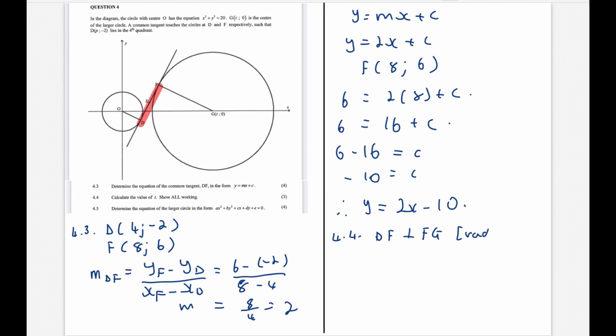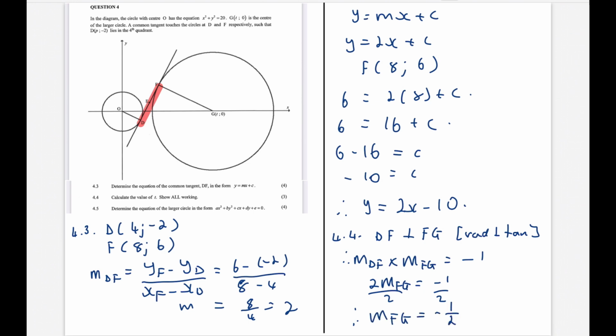Why? Radius is always perpendicular to the tangent. So therefore, the gradient of df multiplied by the gradient of fg would be equal to -1. So 2 times the gradient of fg is equal to -1. Dividing both sides by 2, I'd get that therefore the gradient of fg is -1/2.